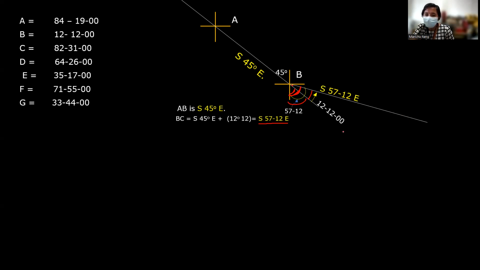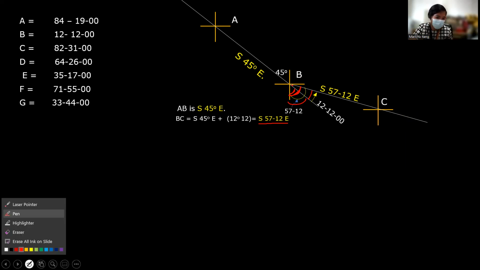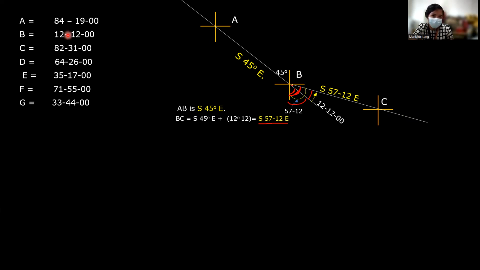So our point C is somewhere on this area. Okay, so let's say this is our point C. So from point C, meron na naman tayong deflection angle. Yung deflection angle natin sa point C is 82 degrees 31 minutes. This is left, right? So when you say left, yung direction niya is clockwise. So from here, we measure 82 degrees up to here.